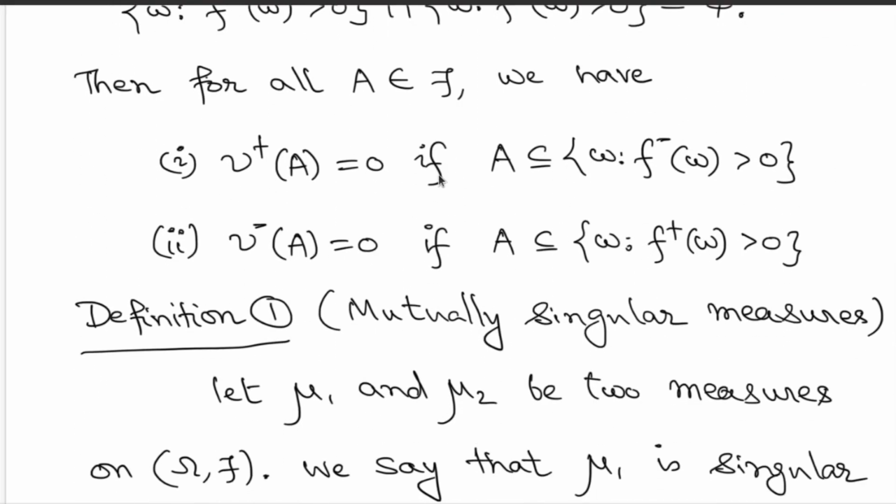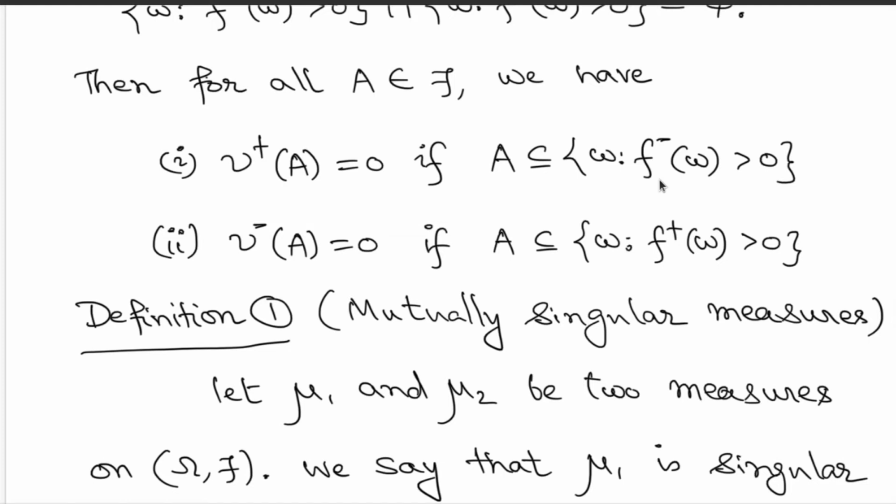Observe that nu plus assigns 0 mass to such sets and nu minus assigns 0 mass to subsets, and we can always ignore the set where the given function f takes 0 values, because there will be no contribution to the integration of f.